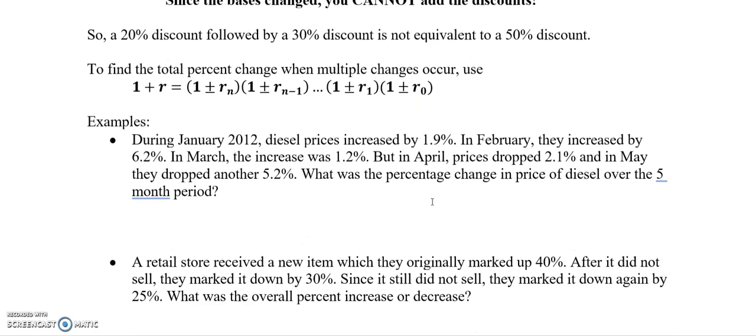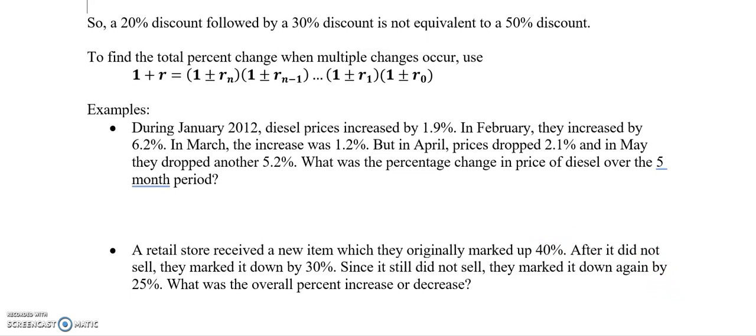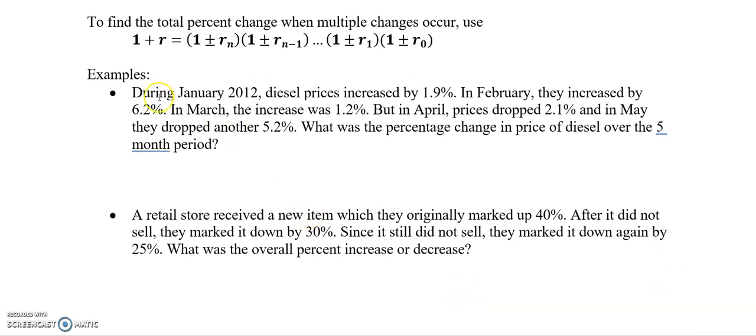And it turns out that the way that we can calculate this looks really ugly, but it's actually not that hard to find. So if we look at the formula, we have all of these different R's, and we have R sub n and R sub n minus 1, and it's really confusing looking. But all this really means is that the R's don't have to be the same.